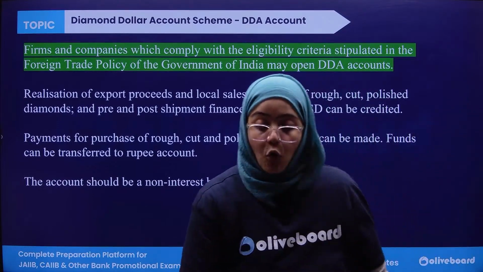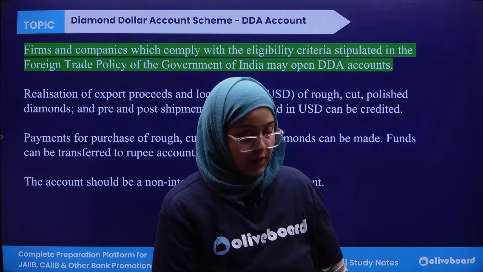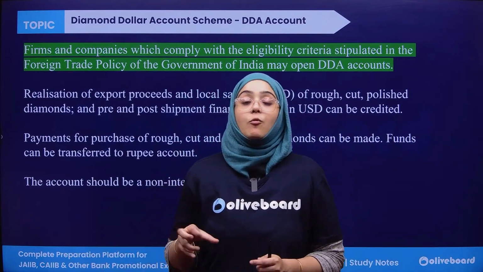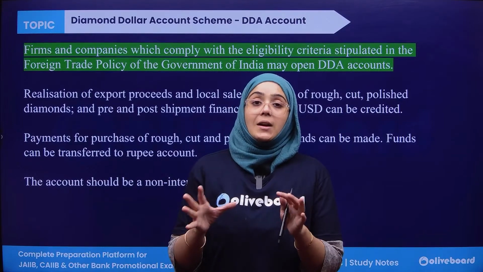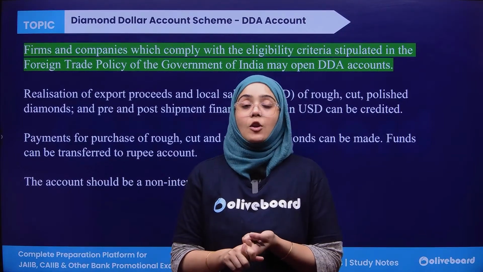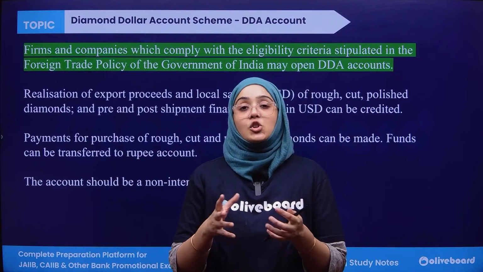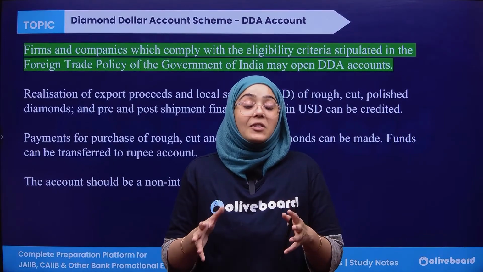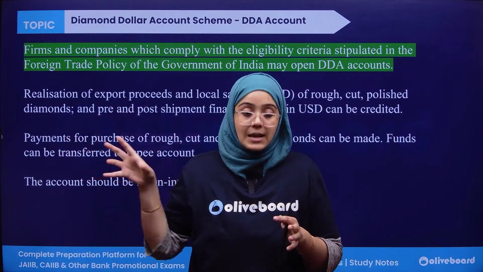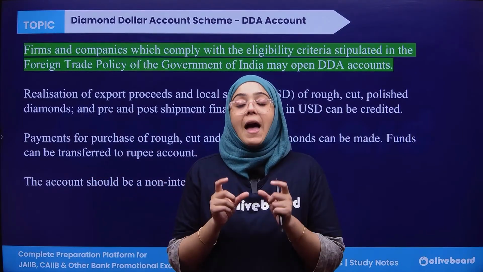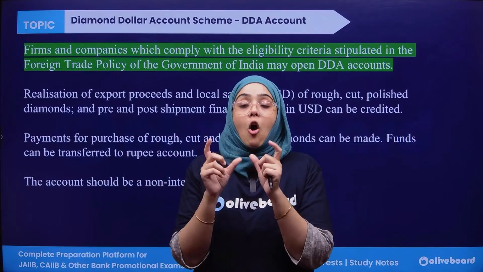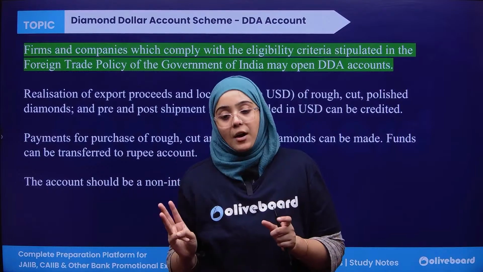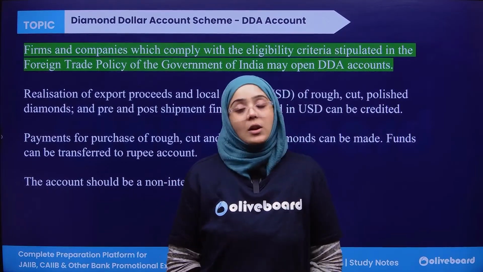If you are dealing in the purchase and sale of diamonds, precious metals, or jewelry like gold, silver, and stones, and you have been engaged in this business for the last 3 years, and you have an average turnover of the preceding 3 licensing years of 5 crore and above, you can maintain this Diamond Dollar Account.